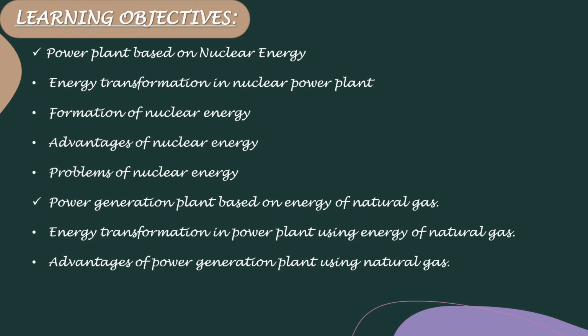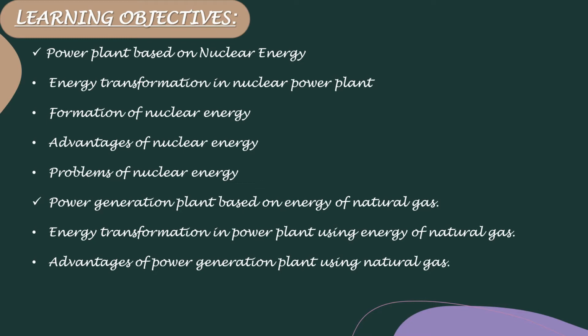Students, before beginning with Module 2, let us see the learning objectives. So today you all will be understanding about power plant based on nuclear energy. Under power plant based on nuclear energy, we will be learning how the energy transformation in nuclear power plant takes place, then formation of nuclear energy, advantages of nuclear energy and problems of nuclear energy.